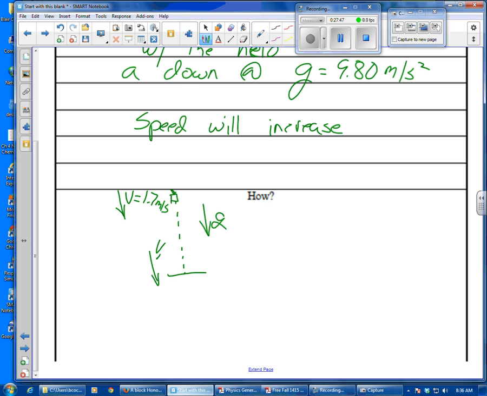So are you okay with me calling that V sub B for bottom? We're told that up here it's at 51 meters, and here we're at 0 meters. So which one does it start at, 51 or 0? Starts at 51, so we'll call that D sub naught, and where it ends up, we'll just call that D.